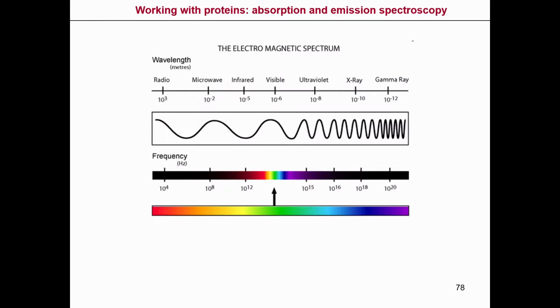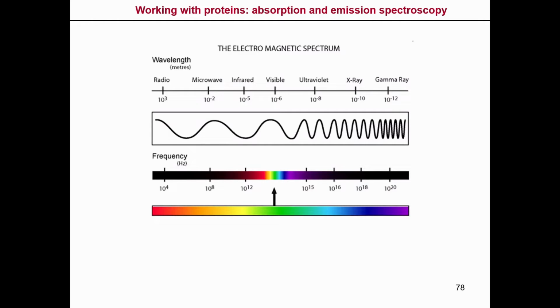I will talk about two spectroscopy techniques, which are the absorption and the emission spectroscopy. Here you have the electromagnetic spectrum and the electromagnetic spectra of an object, the characteristic distribution of electromagnetic radiation emitted or absorbed by the object.